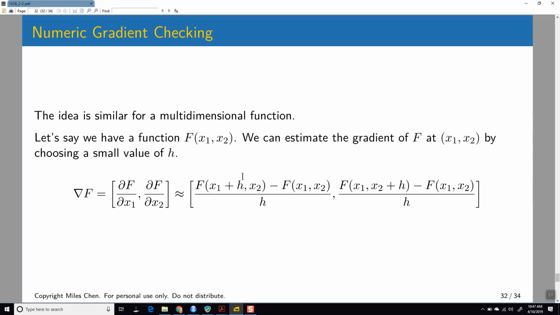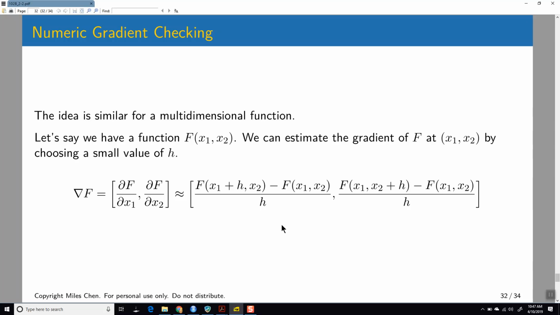For the partial of f with respect to x1, you do f of x1 plus h, leave x2 alone, subtract off f of x1, x2, and divide by h. And for the partial of f with respect to x2, you have f of x1 and x2 plus h, minus f of x1, x2, divided by h.